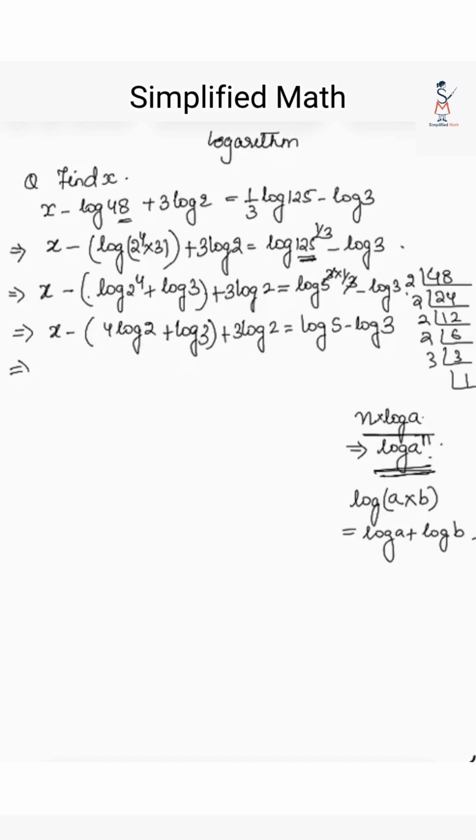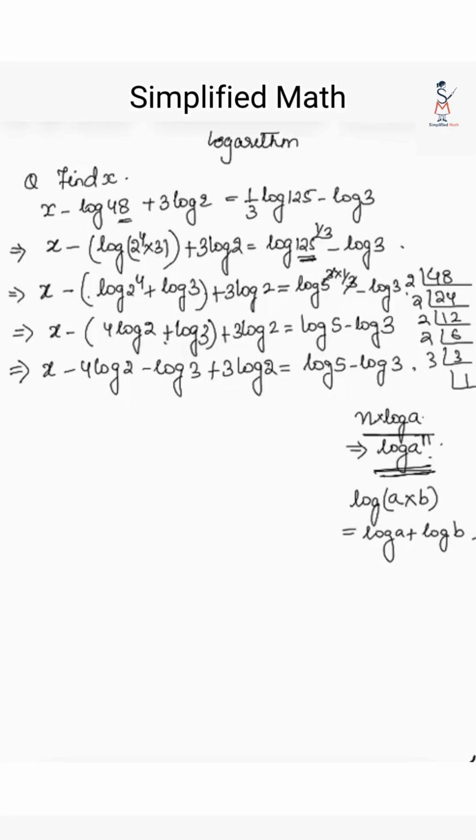Now it is x, we will open the bracket, it becomes minus 4 log 2 minus log 3, plus minus minus, we know this, plus 3 log 2 is equal to log 5 minus log 3.